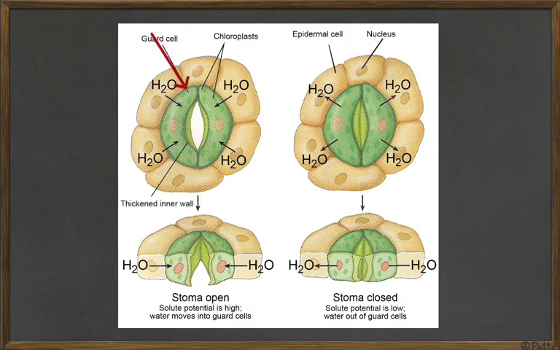You have one guard cell here, another one over there. And these guard cells have the potential to be open, so they allow the opening to let gases be exchanged, especially water vapor, or they may be closed. So opening and closing the stoma is how the plant avoids water vapor from going in and out.